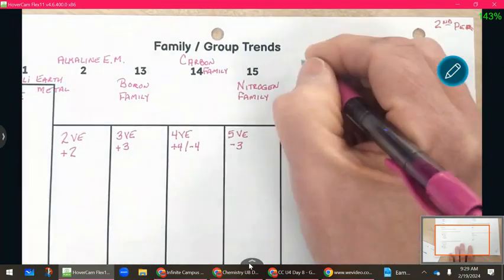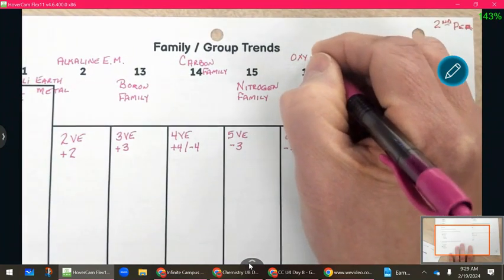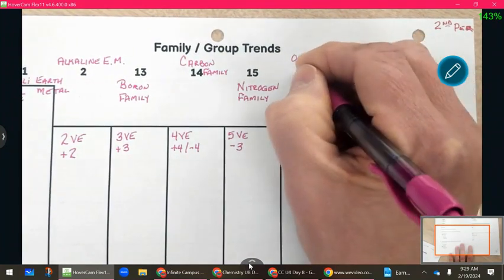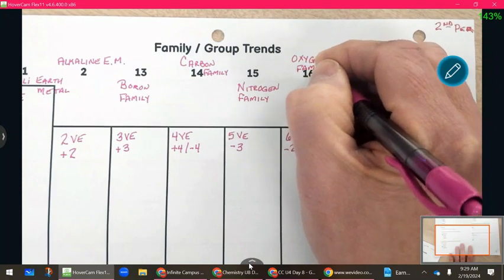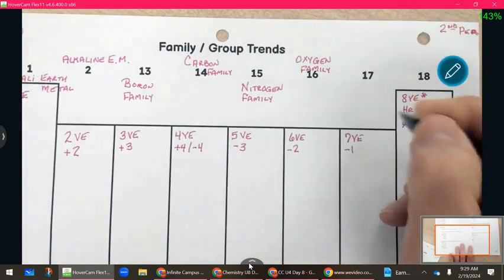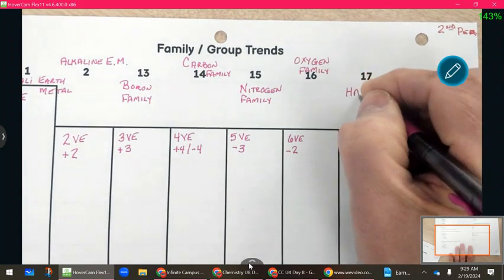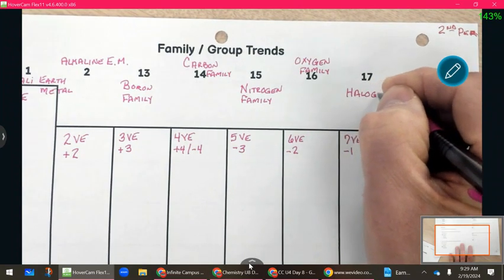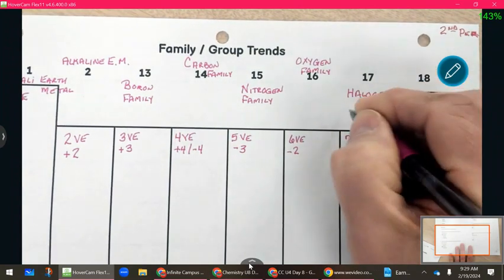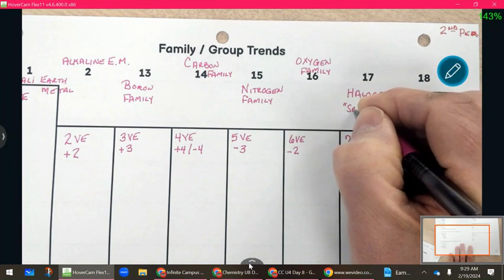Group number 16, the oxygen family. Group number 17, halogens. Halogen means salt former.